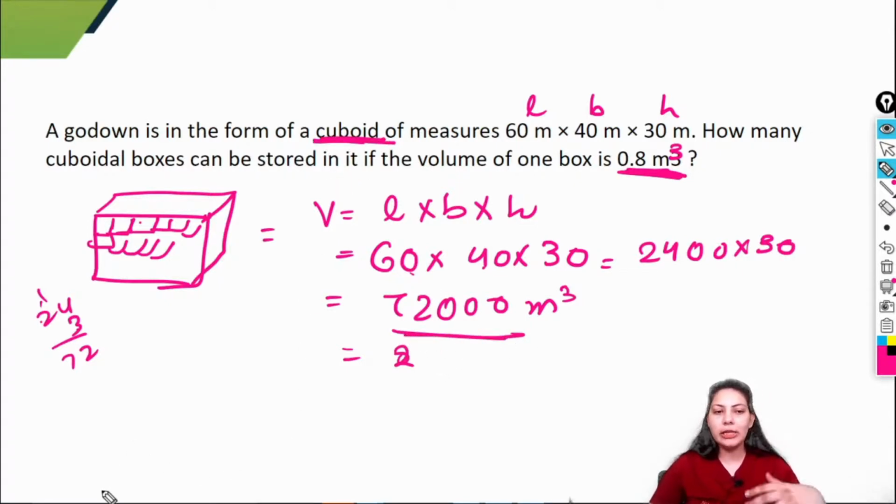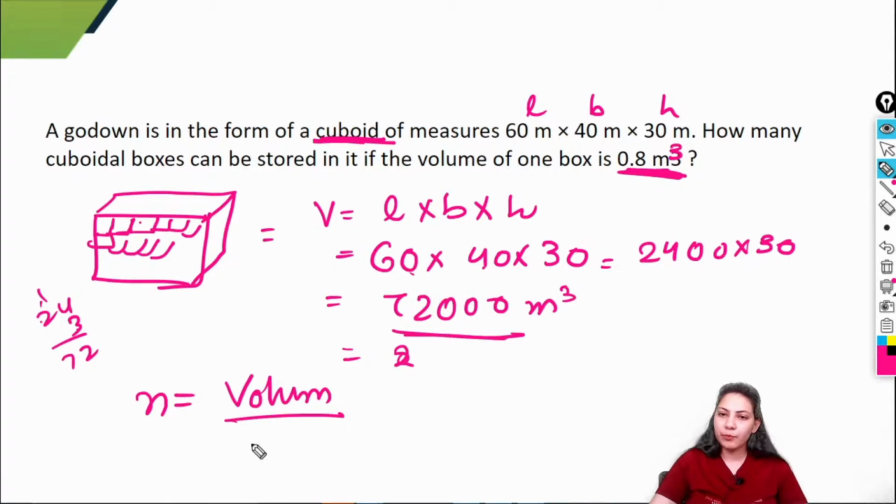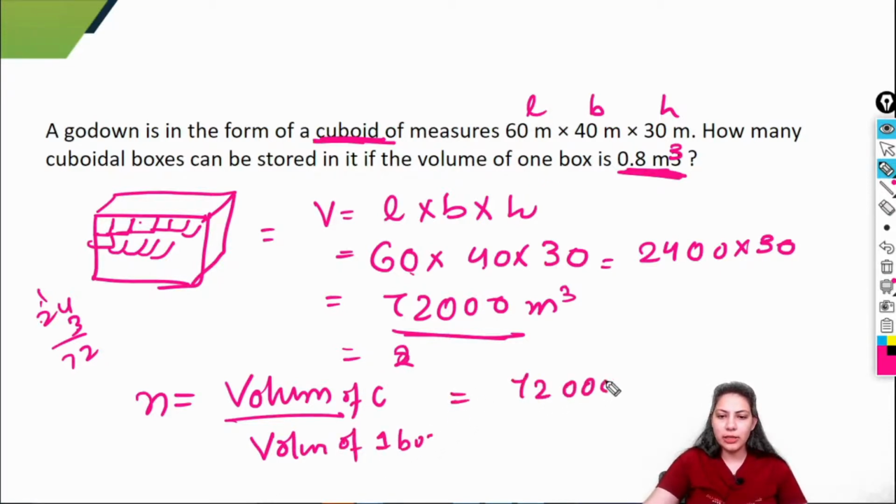Now I have to calculate the number n of cuboidal boxes. So I have to do volume of cuboid upon volume of one box. That is 72,000 divided by 0.8.